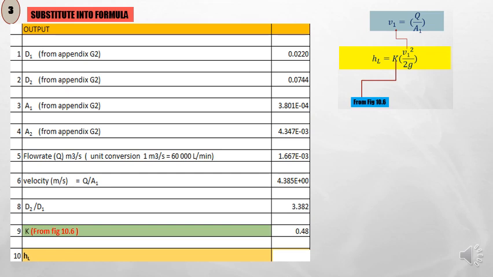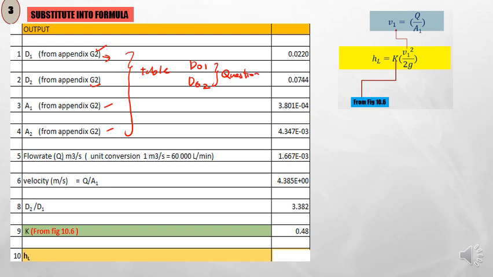This one is the D1 value, which you get from a table. D2 as well you get from a table together with A1 and A2. All of this you get from the table based on the DO1 and DO2 values given in the question.